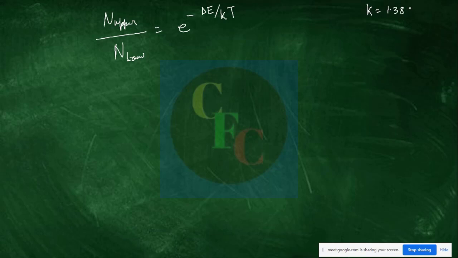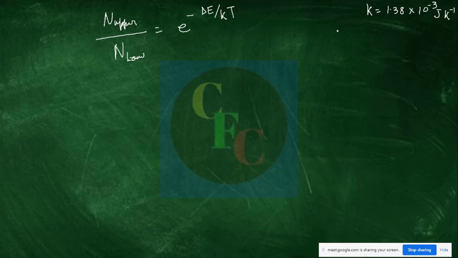The population of the upper state divided by the population of the lower state equals e to the power minus delta E by kT. This is our Boltzmann relation, where k is the Boltzmann constant, 1.38 into 10 to the power minus 23 joule per Kelvin, and T is the absolute temperature.